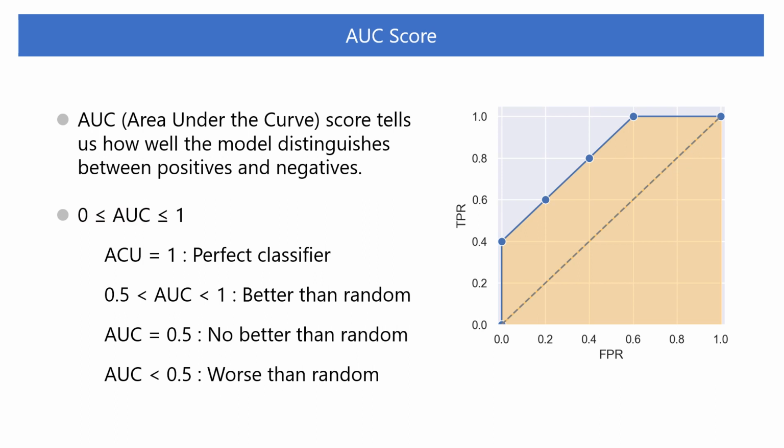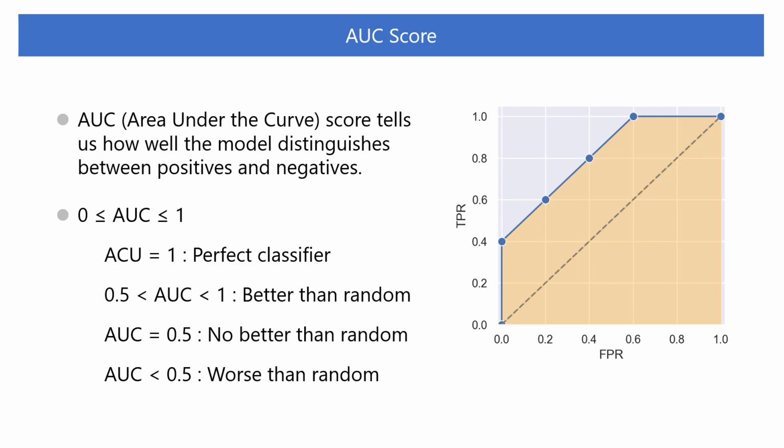The higher the AUC, the better the model is at distinguishing between positives and negatives. The closer the ROC curve is to the upper left of the two-dimensional plot, the higher the AUC score is. If AUC equals 1, the model perfectly distinguishes positives and negatives.